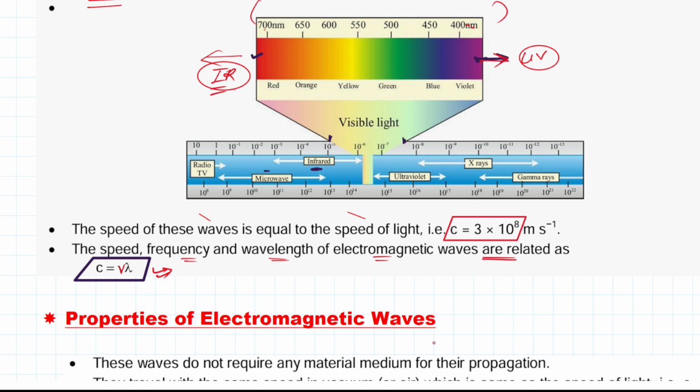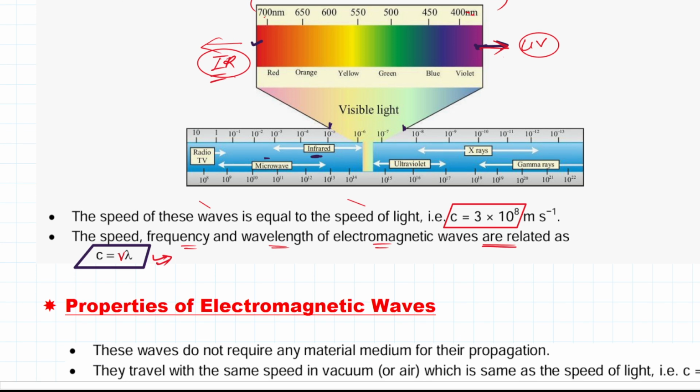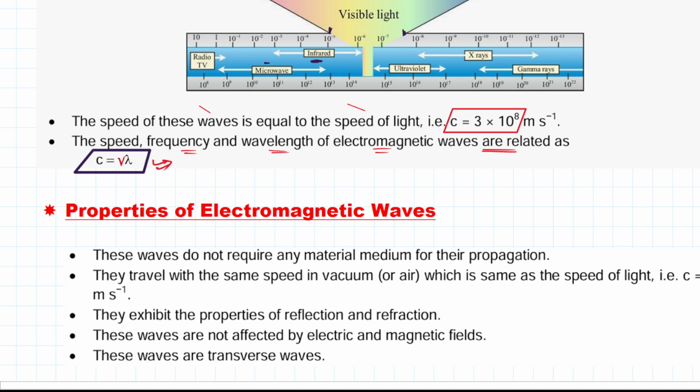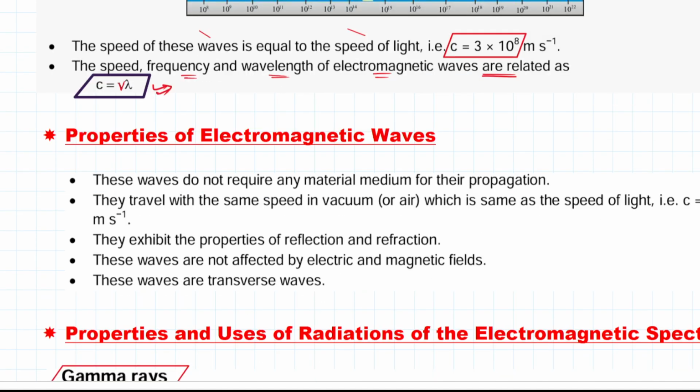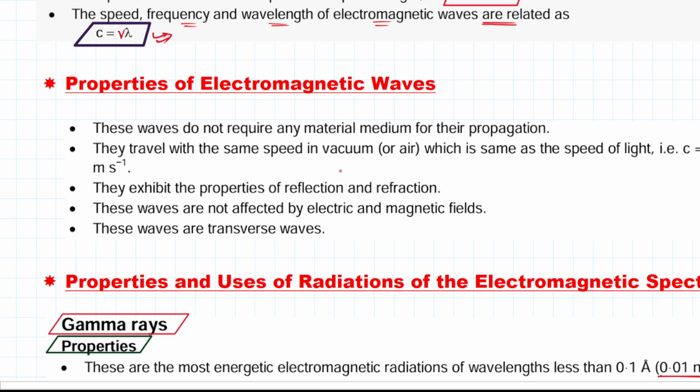So, properties of electromagnetic waves. These waves do not require any material medium for their propagation. They travel with the same speed in vacuum or air, which is the same as the speed of light. They exhibit the properties of reflection and refraction both.